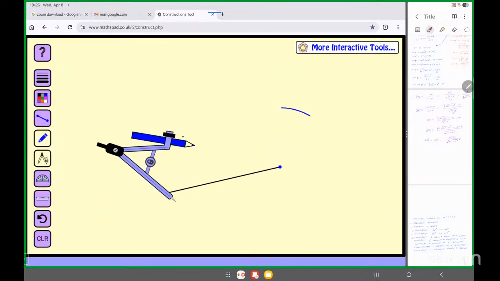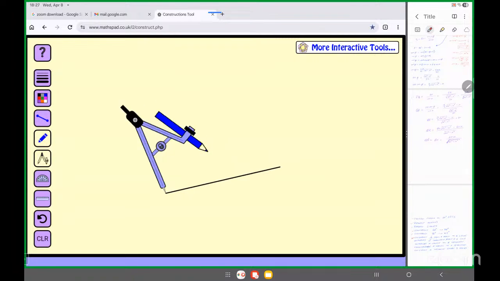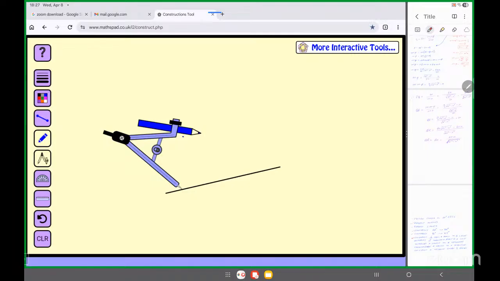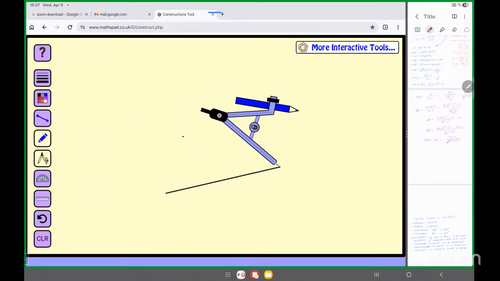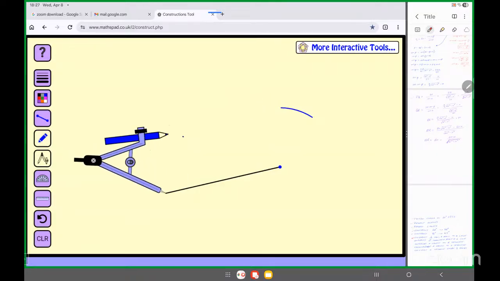The next thing I want to transfer is the length of this line. Let's transfer this distance again. I transfer that distance over here. Make that arc. Then the next thing I want to transfer, as I said, is the length of this line.